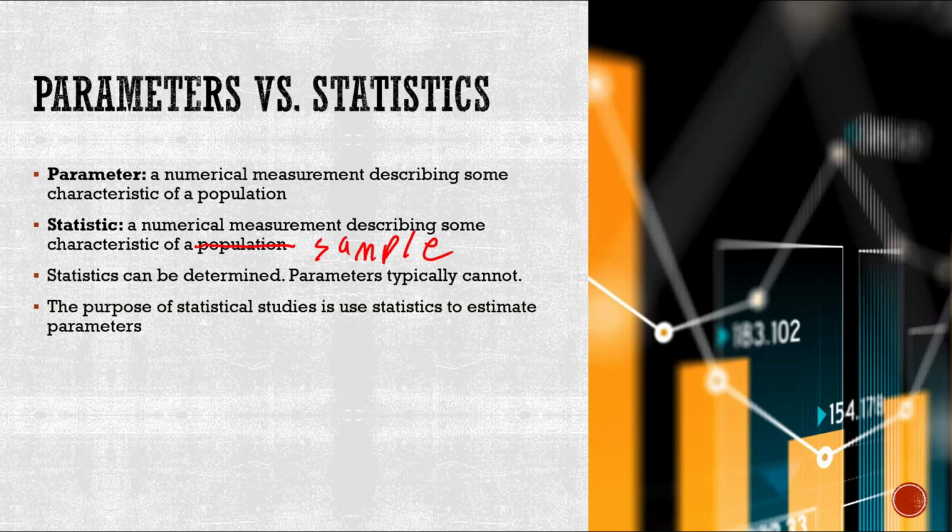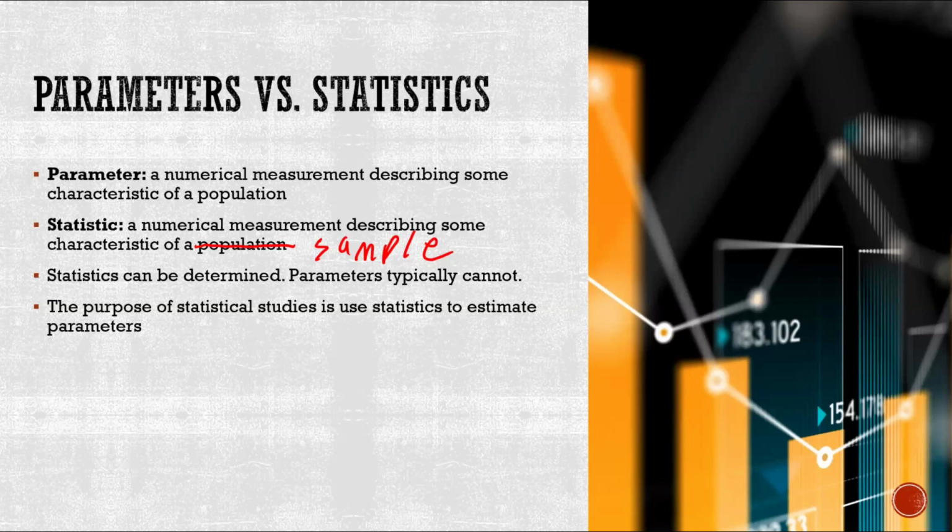This class, SXU, is more diverse racially than all of America, so some racial groups like Hispanics would probably be overmeasured, and that might affect the height. So you want a representative sample. So that's the difference between parameters and statistics.